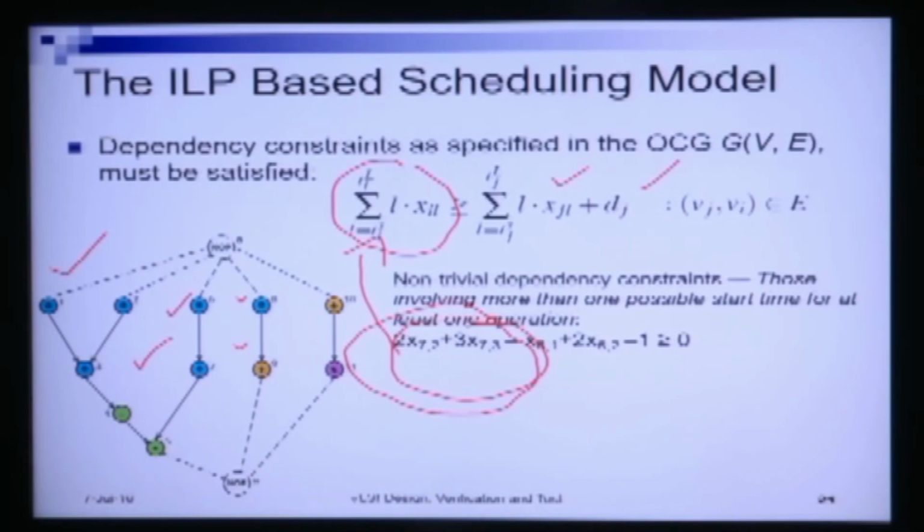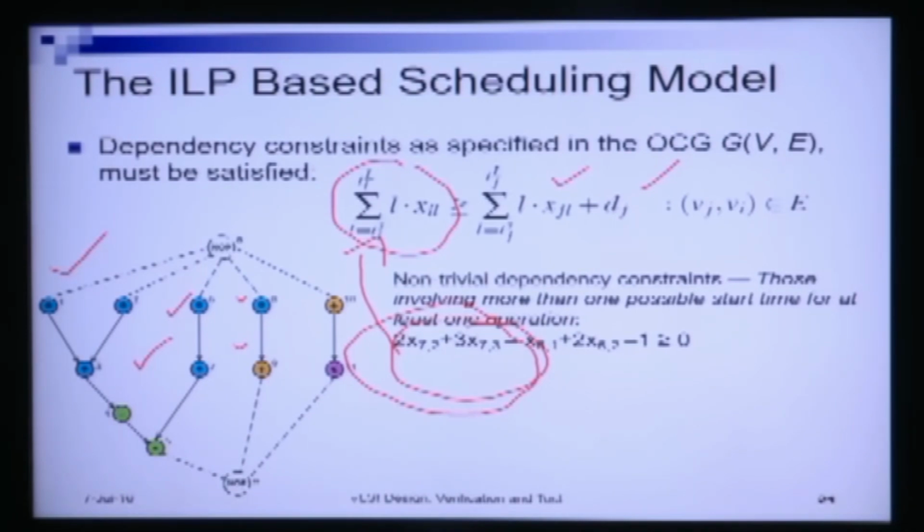This part here is summation L into xil. Here we are saying that the 7th operation, I equals to 7, and time steps are 2 and 3, L equals to 2 and 3. So, we know that the 7th operation can start either in the 3rd time step or in the 2nd time step. If it starts in the 2nd time step, its time is given by 2 into x7 comma 2.